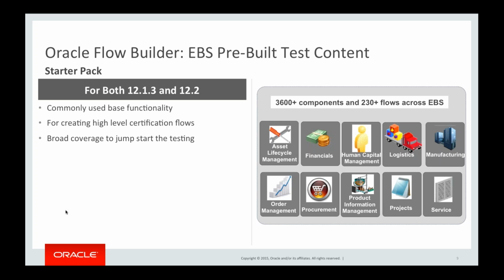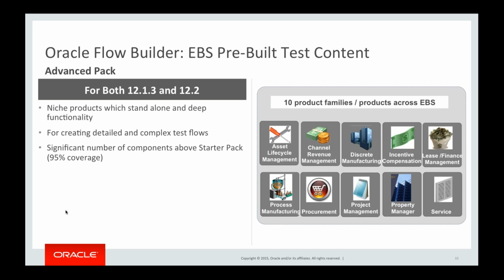And that's included in the functional testing suite, but you can also procure an advanced pack as an addition to the functional testing suite. The advanced pack, as you see here, covers 10 product families across eBusiness Suite. The difference between the advanced pack and the starter pack: the starter pack has certification flows and end-to-end key business flows.